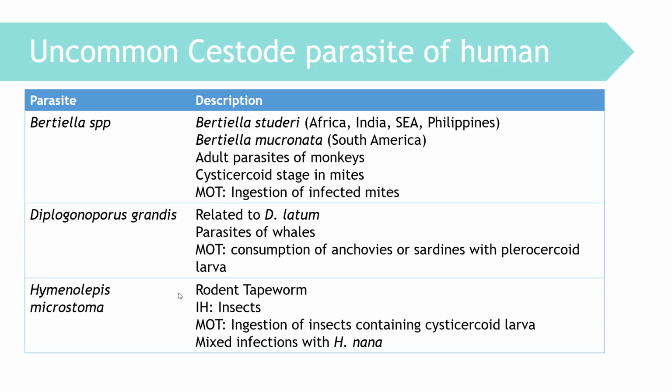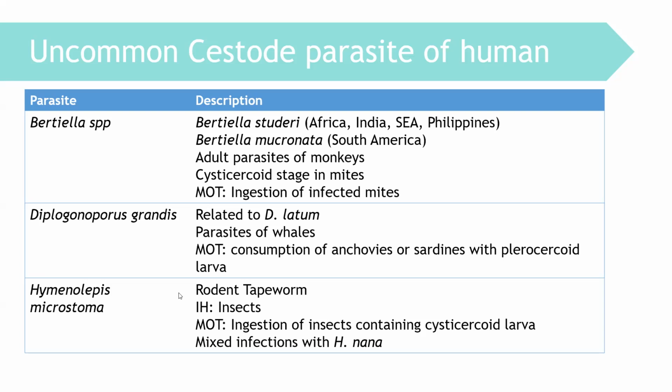We also have Diplogonoporus grandis, which is related to Diphyllobothrium latum and is considered a parasite of whales, and the consumption of anchovy or sardines with plerocercoid larvae is the mode of transmission.